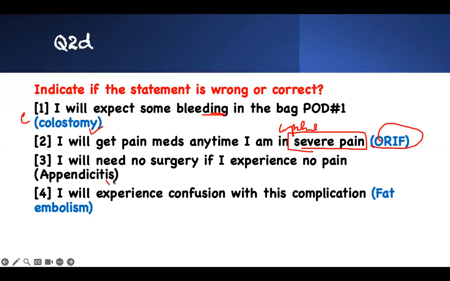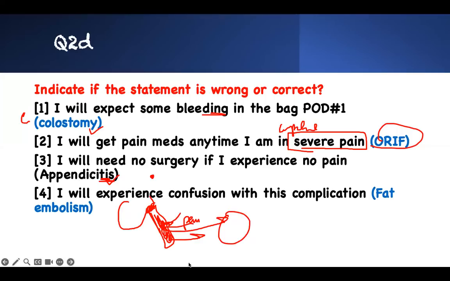I will need no surgery if I experience no pain. So appendicitis patient, okay, the issue is coming because there's a blockage, and the blockage is due to the appendix. This is the appendix attached to the cecum, and there's a blockage here. So this is filled with fluid, and the distension is what gives the pain. When the appendix ruptures, all these contents come out and go into your belly. So now the appendix is ruptured.